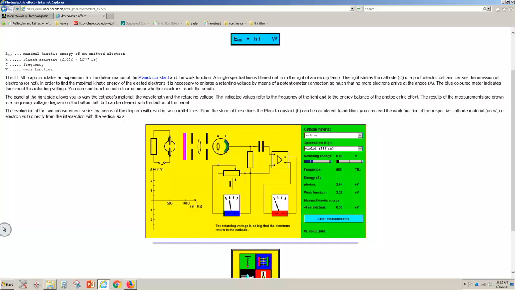If I'm applying a stronger electric field, now electrons will have to do more work to travel, and eventually, if I apply strong enough electric field by generating strong enough voltage, even the most energetic electrons cannot reach that electrode, they are brought back, there is no electric current.